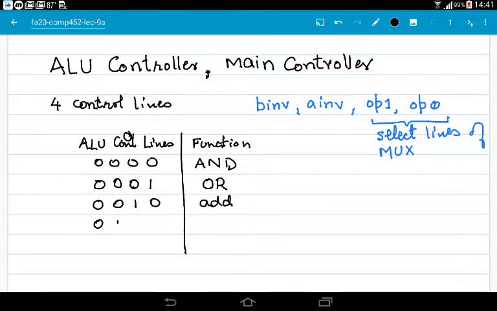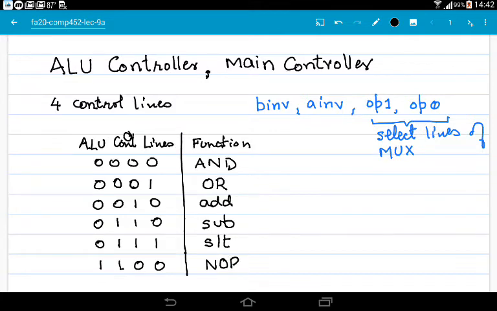For 0 1 1 0, we have the subtract operation. If it's 0 1 1 1, then we have the set on less than operation, and finally if it's 1 1 0 0, then it's a NOR operation.